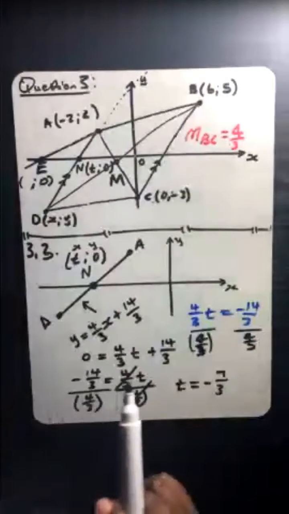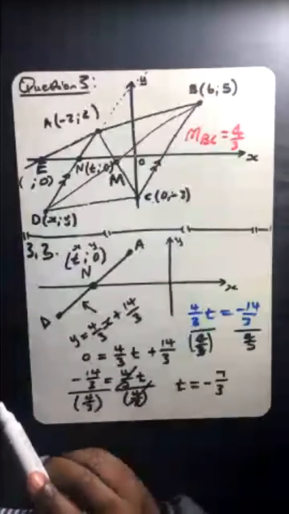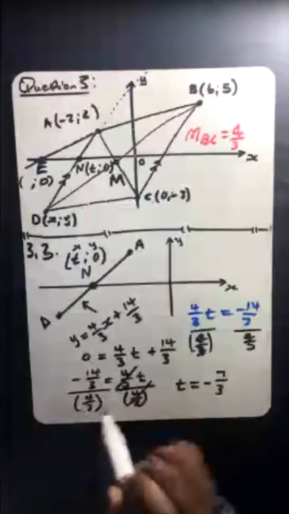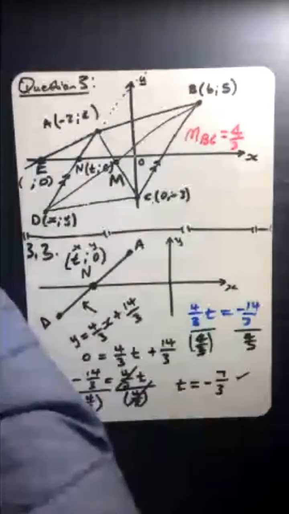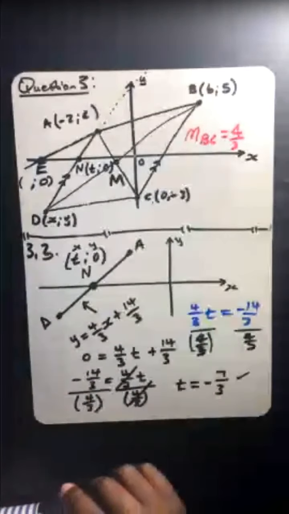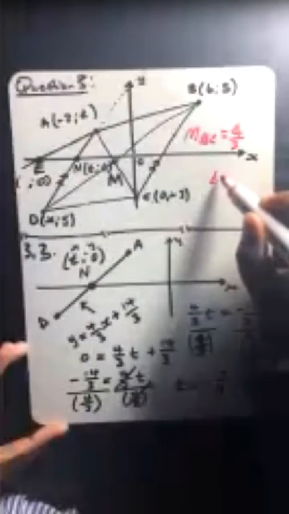So this is how you score yourself 2 marks, for correct substitution into the formula and for your final answer.